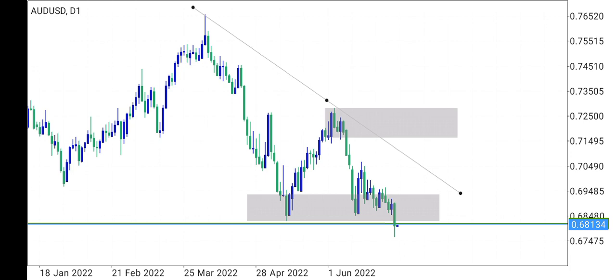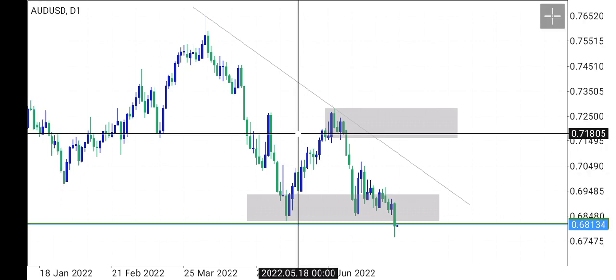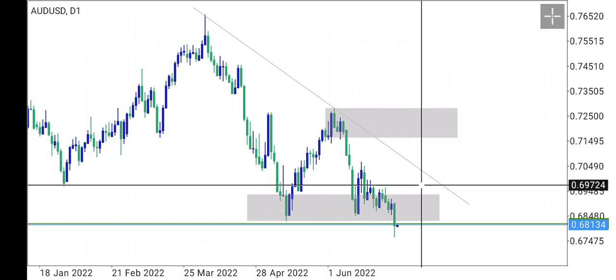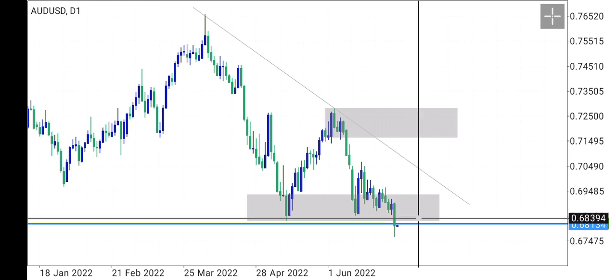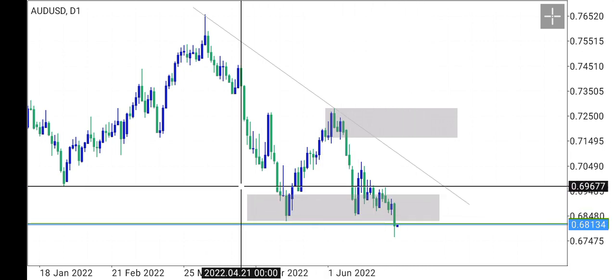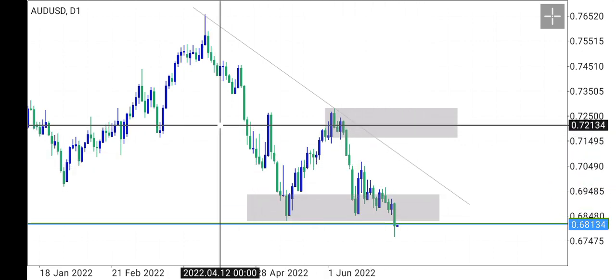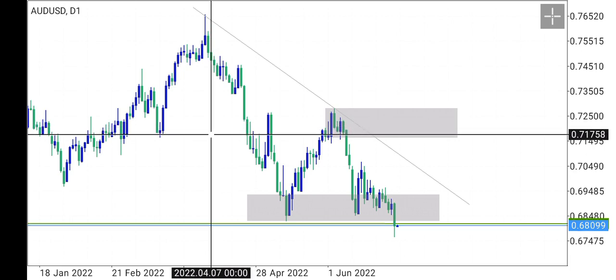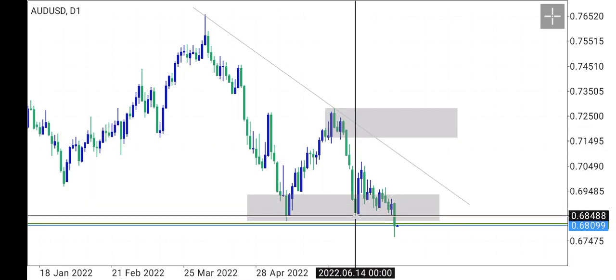So now price is at the demand zone. So what we'll be looking for now is for the market to come to us. Now this is our POI.